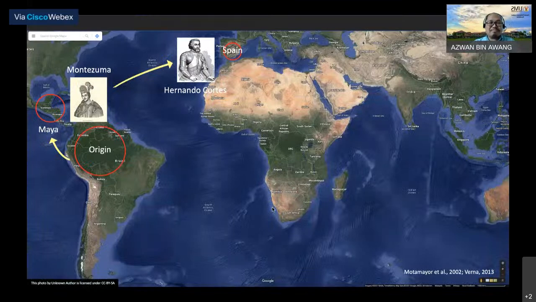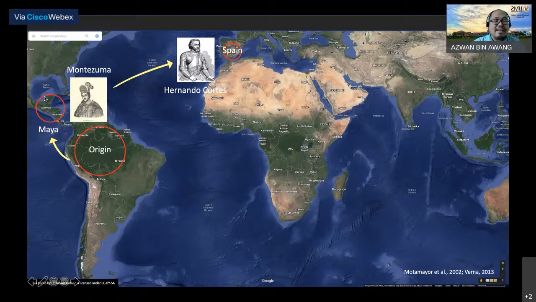So, a bit of introduction. History of cacao. It originated around the Amazon basin here, and was brought and cultivated by the Mayan and Aztec, way long ago.